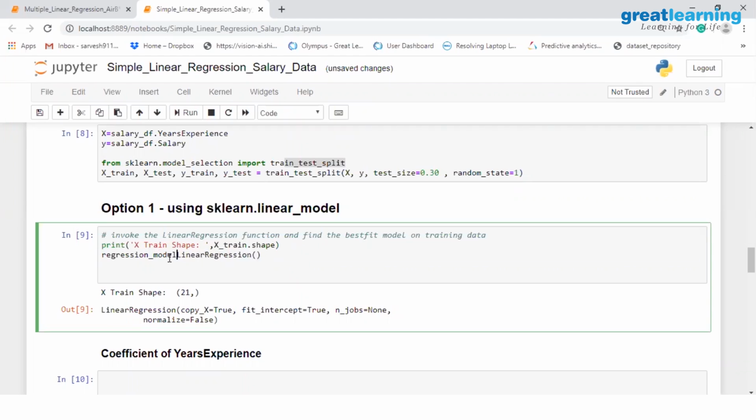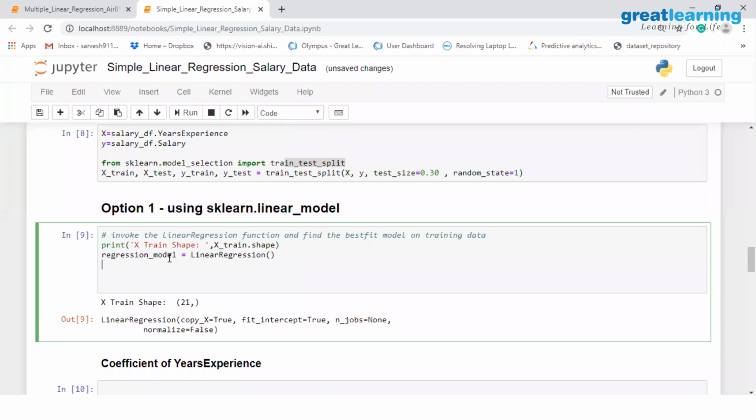In the regression model, what am I trying to do? I am trying to fit the values between X train and Y train. I'm converting this to an array with np.array because that was not in an array.